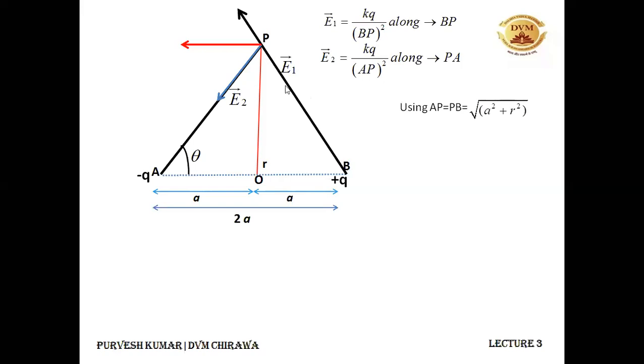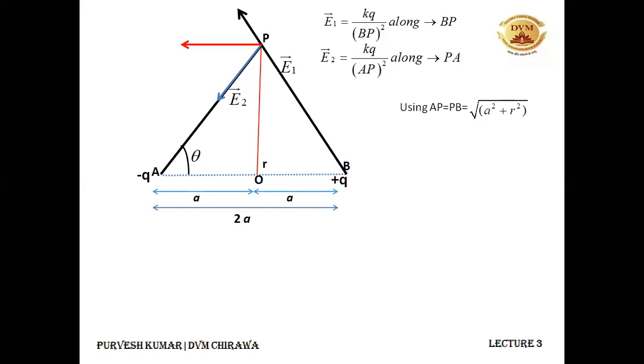I can use the Pythagoras theorem in triangle POB, and write that BP is equal to the root of A square plus R square. So the distance between the point P and the charge placed at B is the root of A square plus R square. Similarly, this distance AP is also (A square plus R square) to the power half, or the root of A square plus R square.